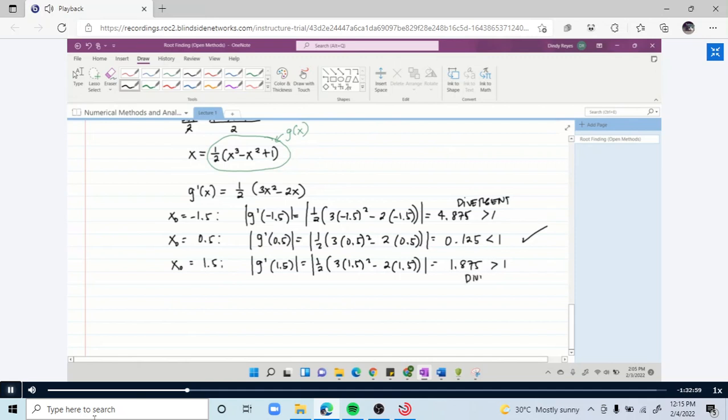So again, this will not converge to the root. Okay? So if you solve using this rearrangement for the second positive root, you will not be able to converge to the true solution. So you'll be wasting your time. So first, you have to ensure convergence, no?